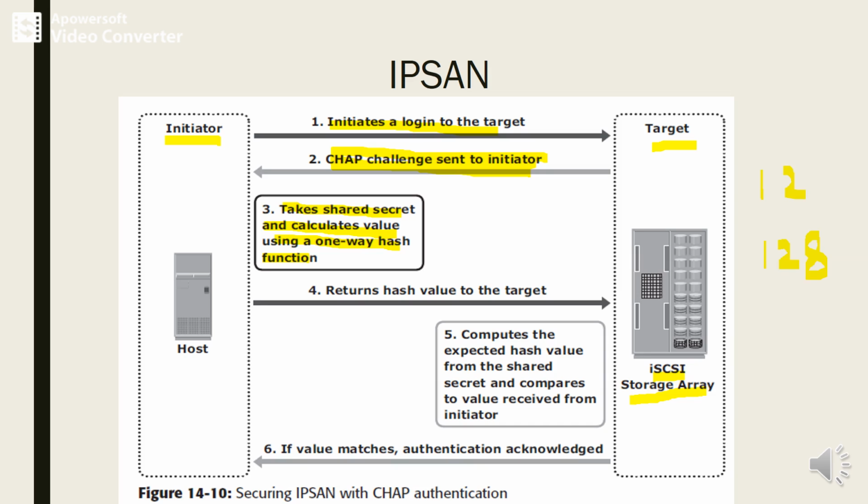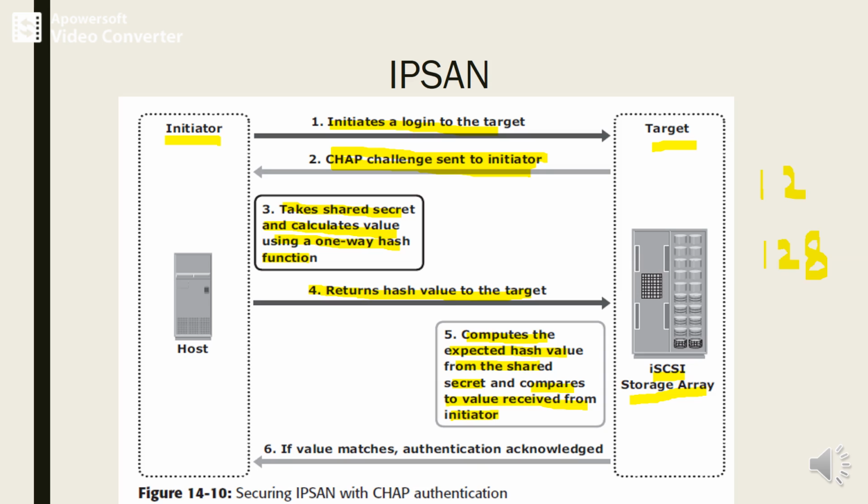Now during step 4, that hash value will be transferred to the target device. So now the target has the hash value of the initiator device. The target will compute the expected hash value from the shared secret key, and compare it with the value received from the initiator.